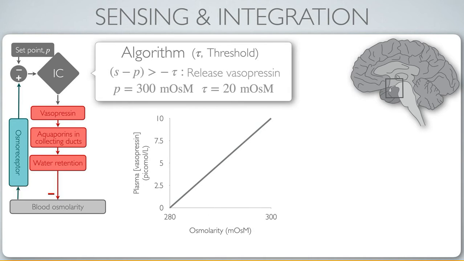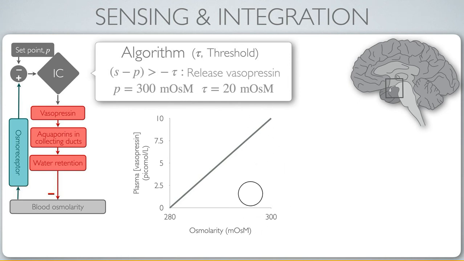What we have here is the plasma concentration of vasopressin as a function of the osmolarity of the blood. And so here our set point is 300 milliosmolar. That is the typical concentration of dissolved particles in the blood. So it's on the right of our plot here.